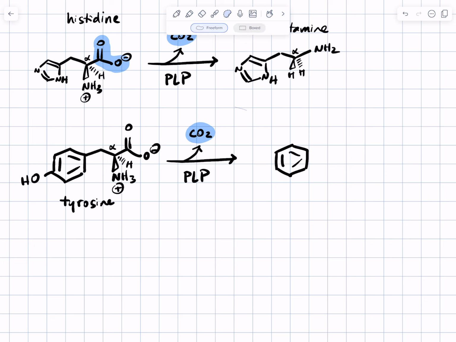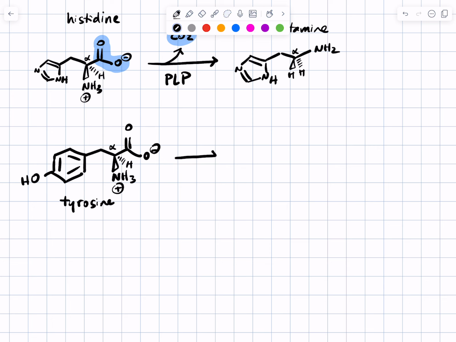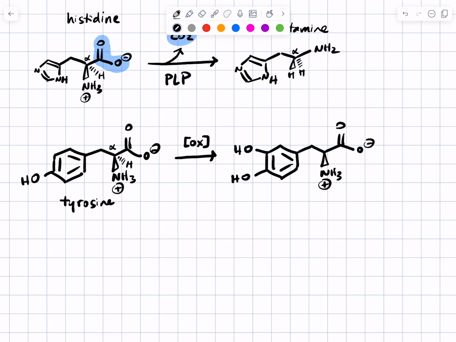Oops, sorry, I've got to rewind and delete because we weren't quite ready for that. It turns out that before biology does the decarboxylation reaction, it does an oxidation reaction that you don't need to worry about. That oxidation reaction installs a second OH group on the tyrosine benzene ring. So now this amino acid is no longer tyrosine. It's got 2 OH groups on it. This one doesn't get incorporated into proteins, but you may have heard of it before.